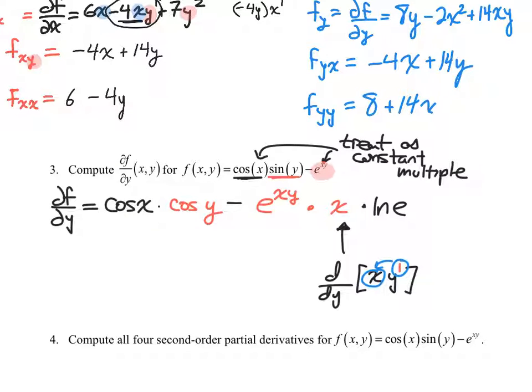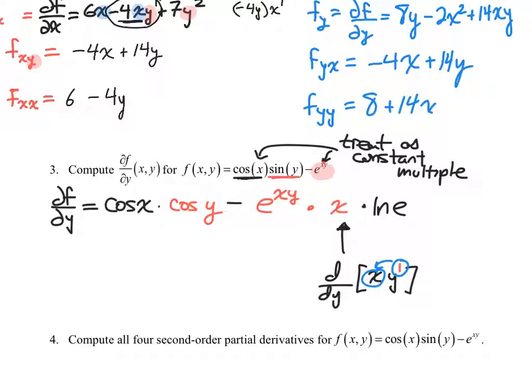The reason I'm bringing this up is because I have the utmost confidence that you can all find the derivative of exponential base e. But if I throw an exponential base 2 at you, I have the utmost confidence that most people are going to forget to multiply by ln 2. That's why I'm bringing it up here.